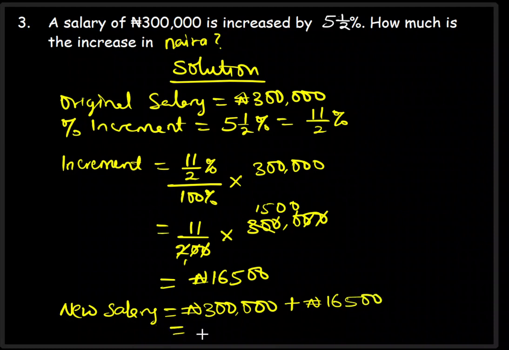If you add that, that will give us 316,500 naira. So that is what we do in increment.